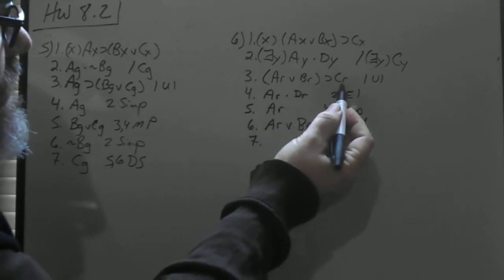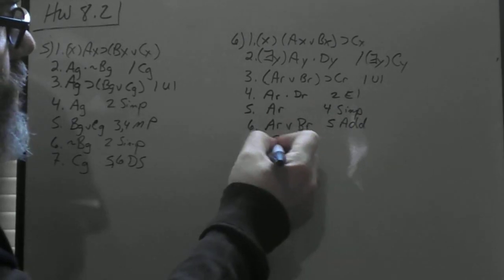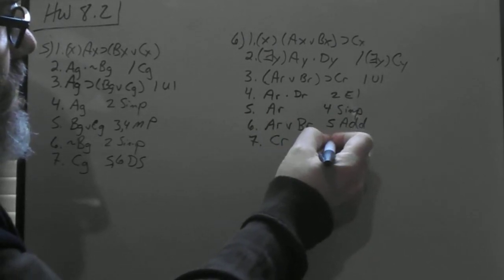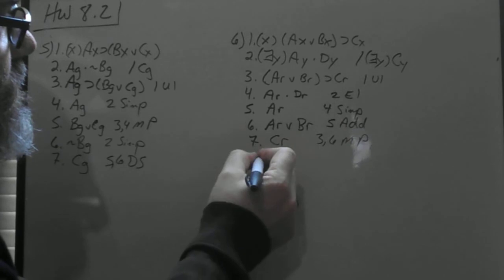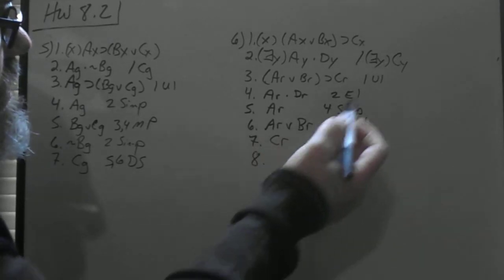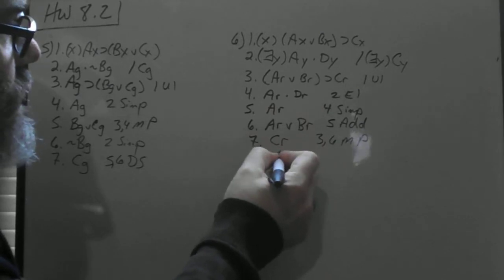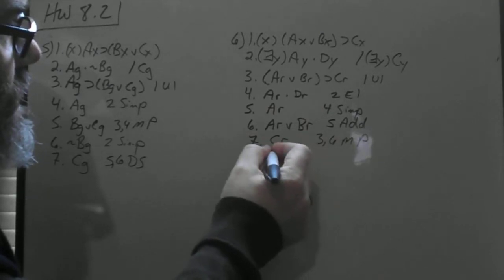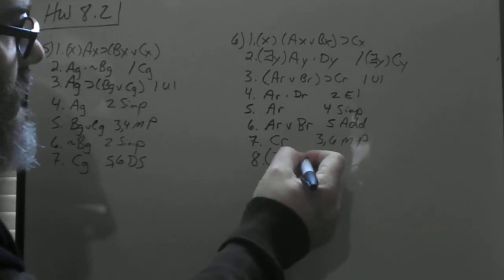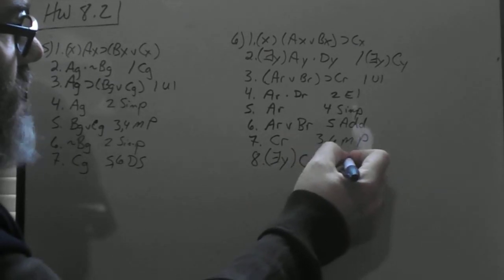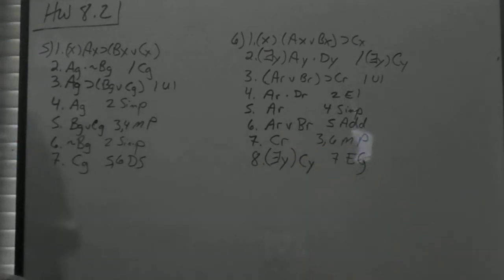AR or BR, then CR, AR or BR, therefore CR. 3, 6 modus ponens. And since they want that form with the y as the variable, we'll do an existential generalization with the y. CY from 7, existential generalization. And there's that one done.